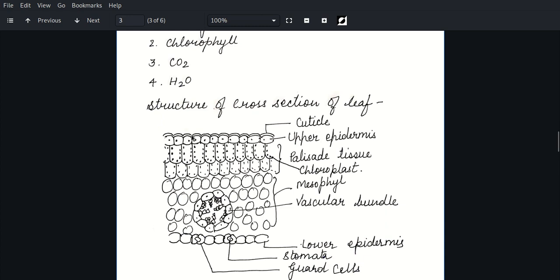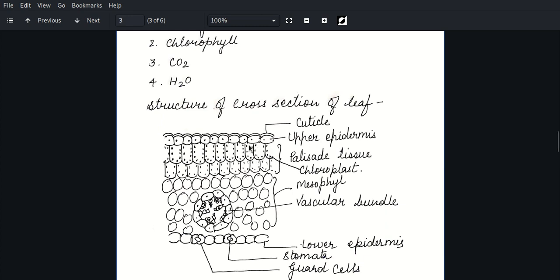Upper layer is called as upper epidermis. Upper epidermis is covered by a waxy coating called as cuticle. Just underside of upper epidermis, there are columnar cells. All these columnar cells contain chloroplast.